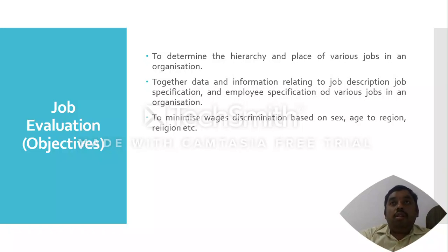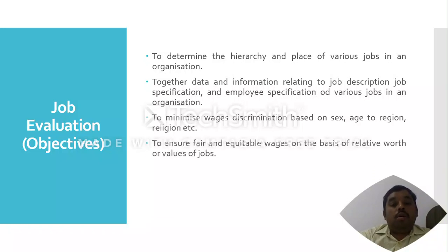If any youngster joins an organization, you can't set a high scale or a low scale for that youngster, and if an experienced person joins, you can't pay him a low scale and give a youngster a high scale. Even that becomes discrimination, and later on it becomes a big issue in an organization. That is what they are telling, to minimize wage discrimination based on sex, age, region, religion, etc.